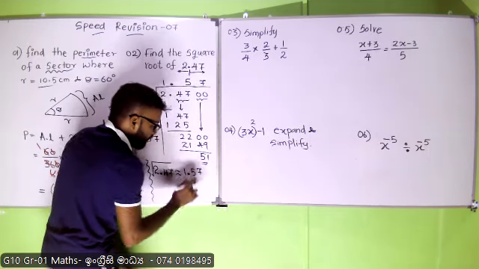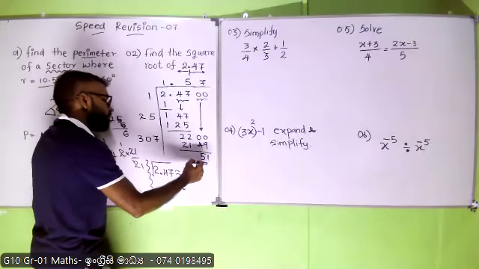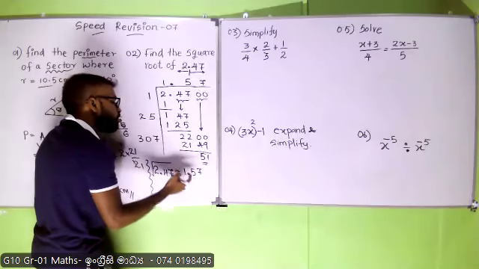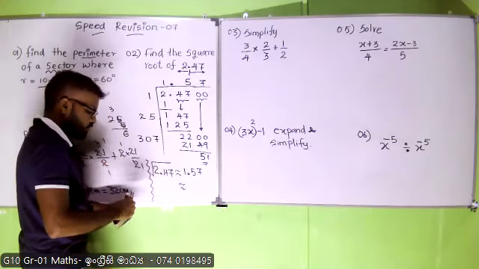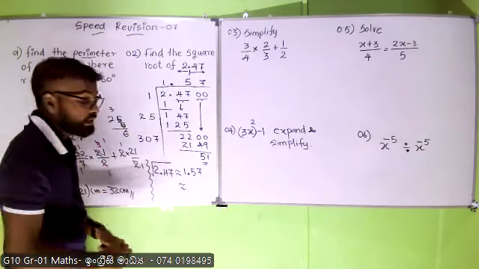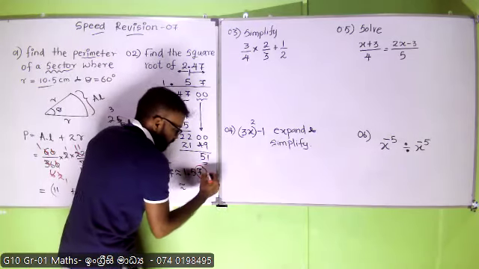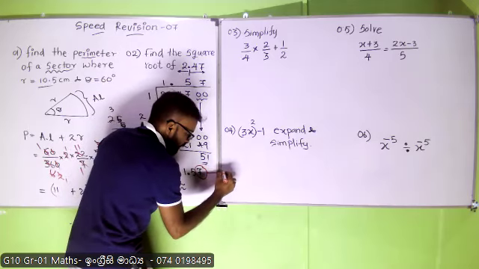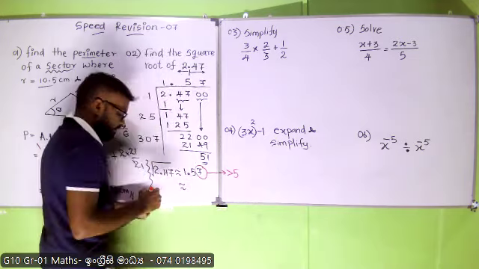1.57, correct? So now you are going to make sure that you round it off to one decimal place. Already you have two decimal places, so you are going to remove your second decimal place, which is 7. This is already greater than 5.